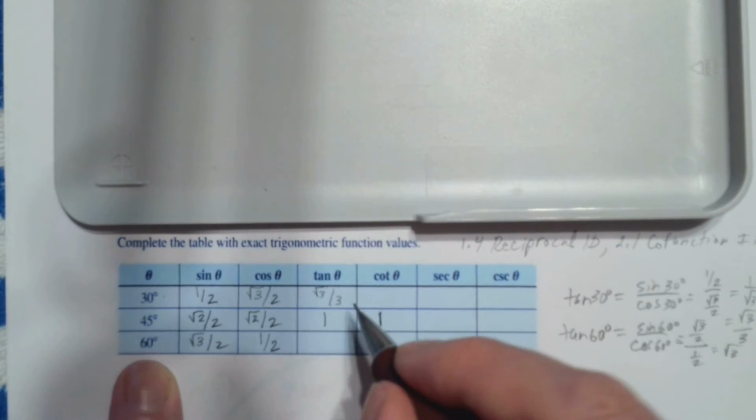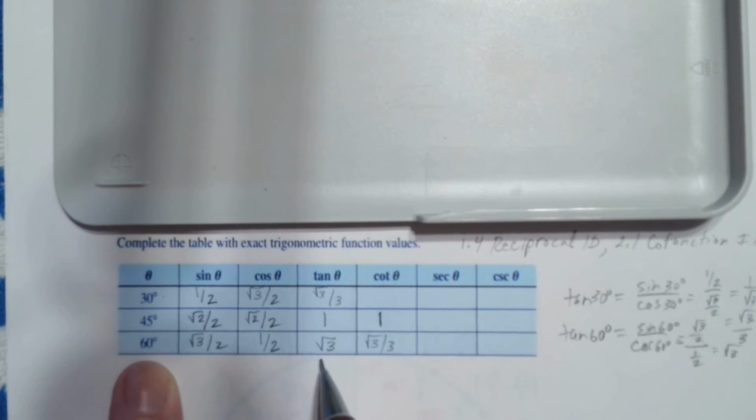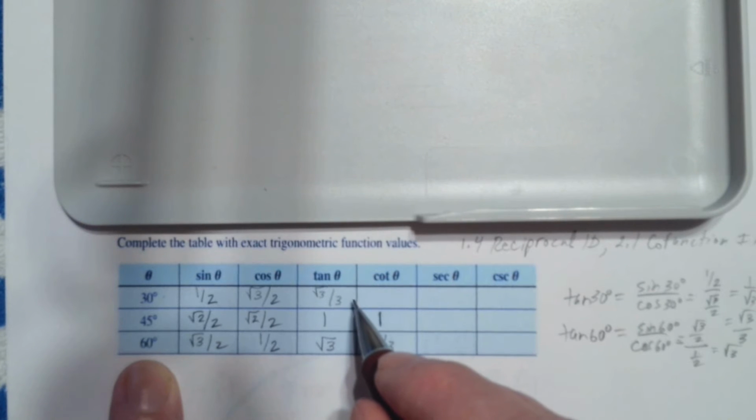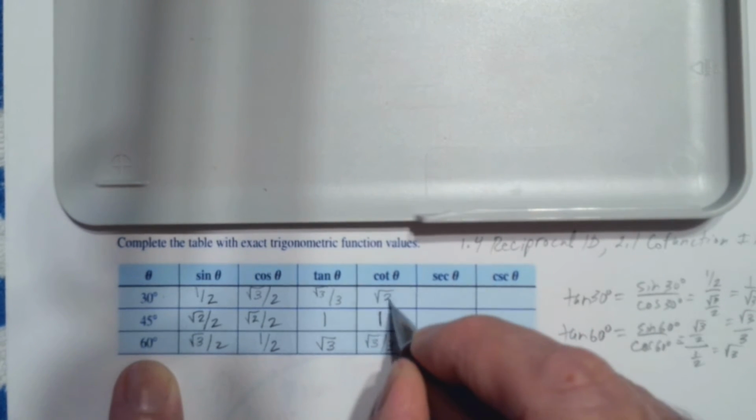So this would just be flipped from what we have above. It'll be square root of 3 over 2 over 1/2. So square root of 3 over 1, which is square root of 3. And that means that the cotangent, the cofunction, of 30 degrees, again 30 and 60 is 90, would also be the square root of 3.